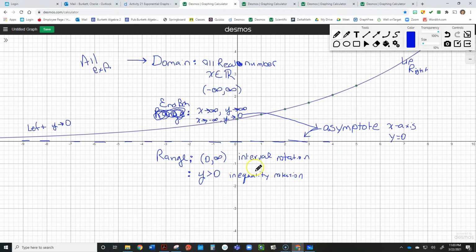And then your asymptote helps you know where your range starts, or where your range stops, depending on whether you're going from infinity and stopping when you get to your asymptote, or if you're starting at your asymptote and then going toward infinity. So the asymptote is important information for the end behavior and for your range. It helps you do both of those.